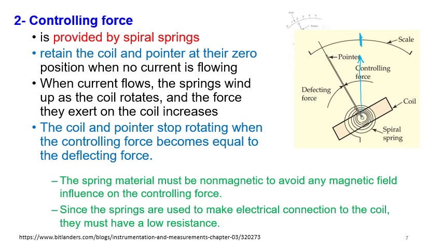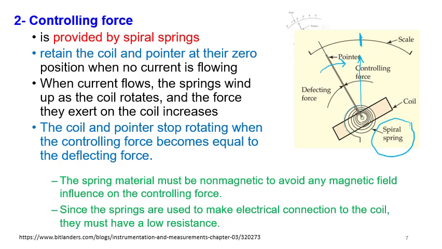That force is generated by the hairspring, or the spring, which is made of wire like hair. It's very thin wire. That's why we call it hairspring sometimes. So once the pointer starts its rotation, the spring will be squeezed somehow to store some energy in it.